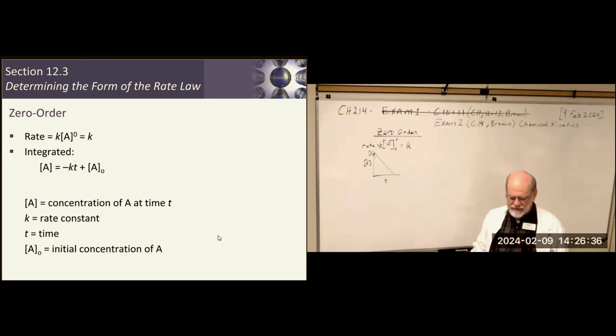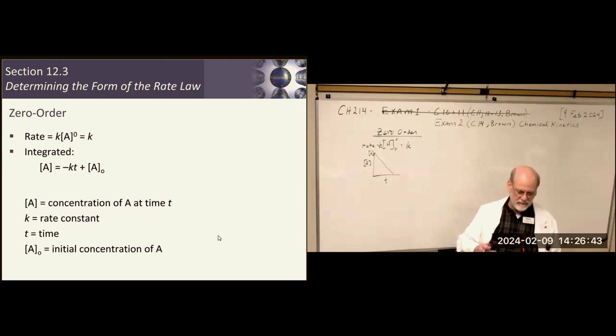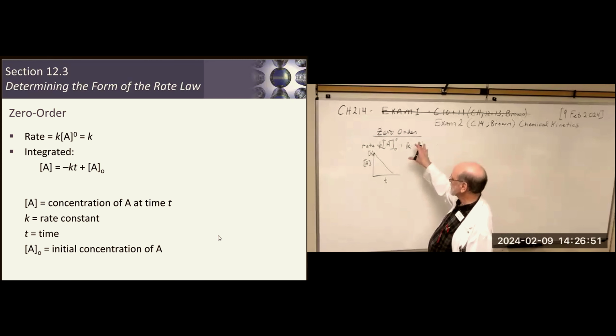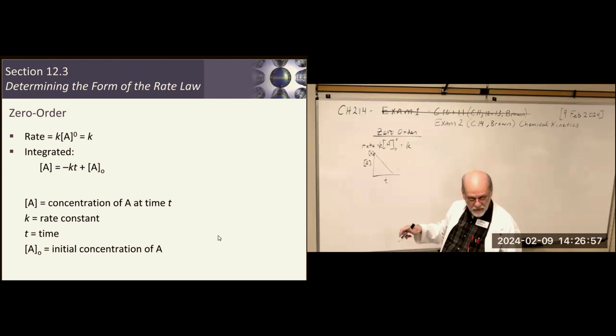And I had some documents that derive the integrated rate law. They use calculus, but I thought, you know, if you haven't had calculus, it won't make any sense. So I'll just give you the derived equation. You take this differential rate law and you introduce the time factor into it, then we get the integrated rate law.